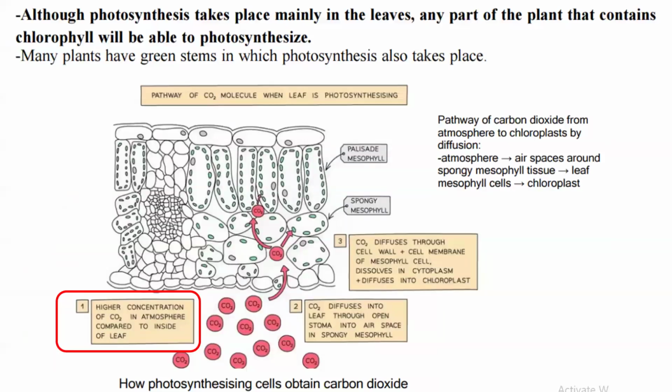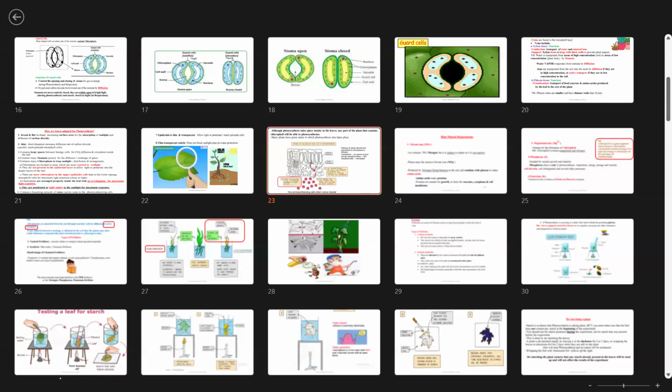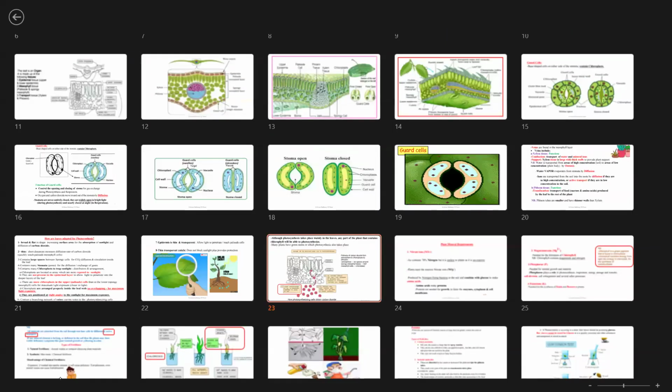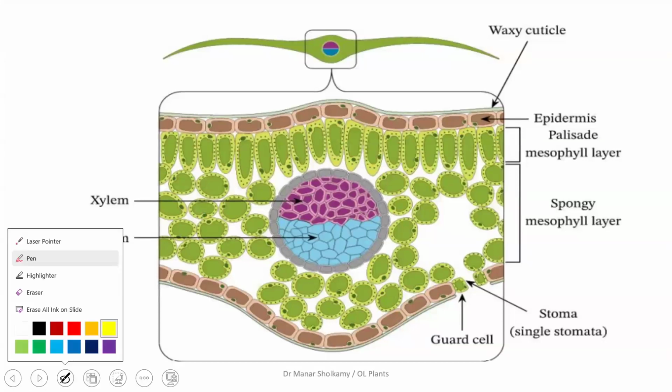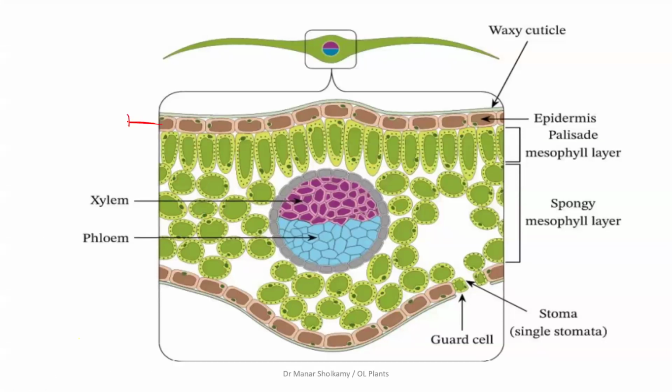Last class, we talked about the anatomy of the plants and specifically the different layers inside the leaf. A quick reminder, the leaf is an organ that is made up of several layers or tissues. You have the uppermost layer, the upper epidermis.